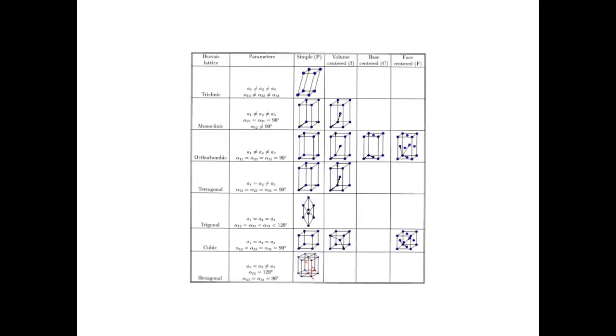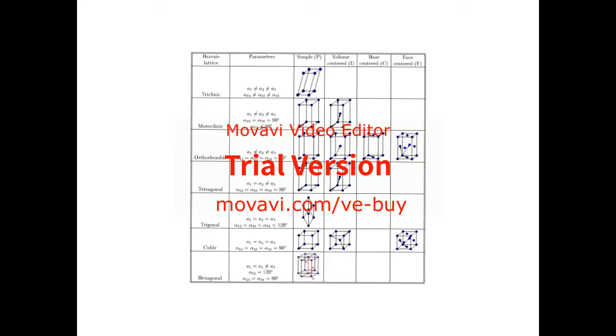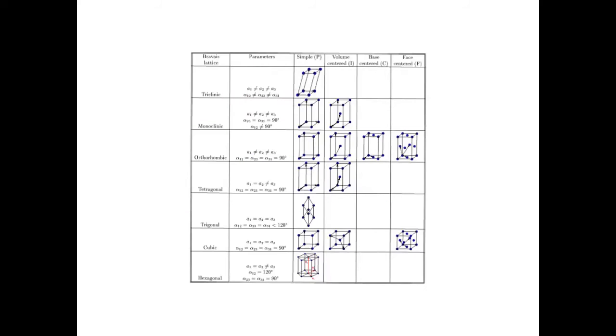The triclinic system is defined as the crystal system where the magnitudes of the 3 unit vectors A1, A2 and A3 are not equal to each other, and the 3 angles that we just defined earlier are also not equal to each other. The other crystal systems are systematically more symmetric than the triclinic.